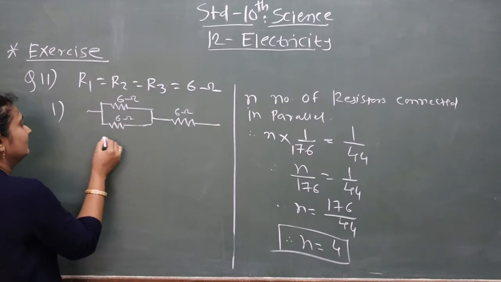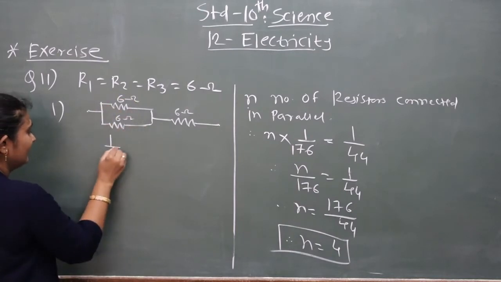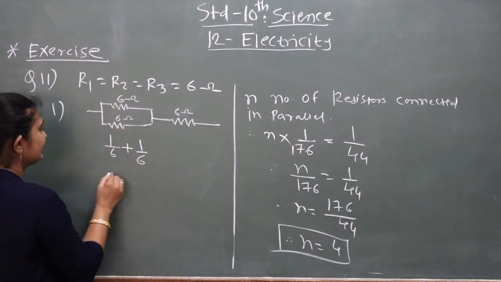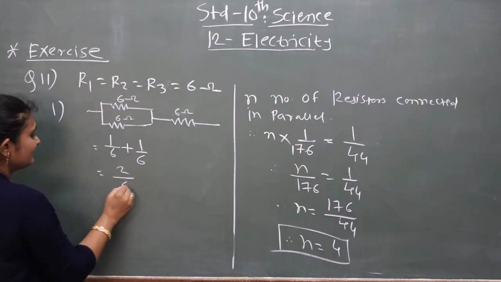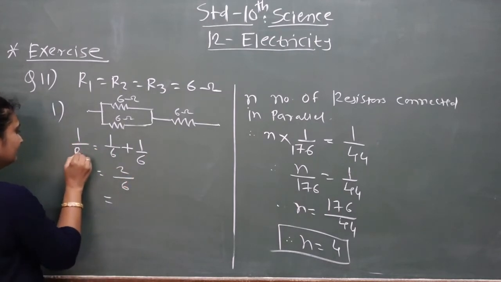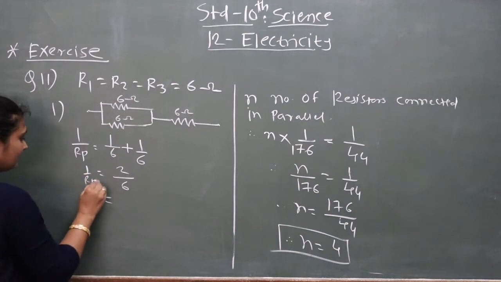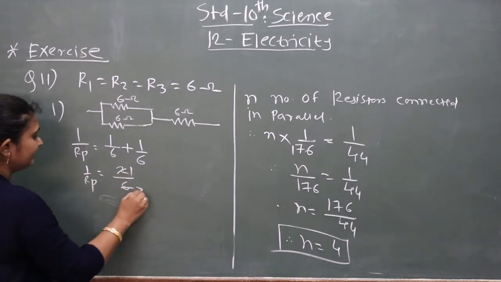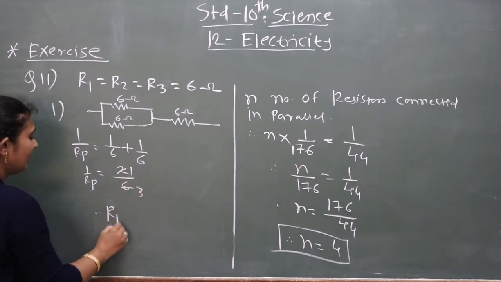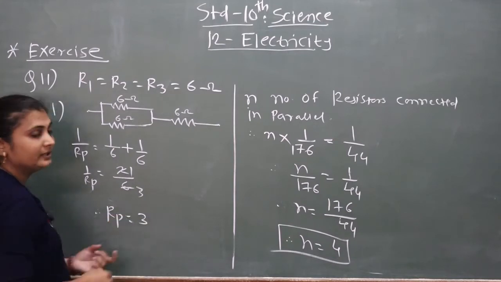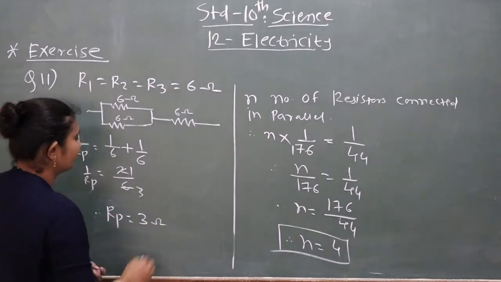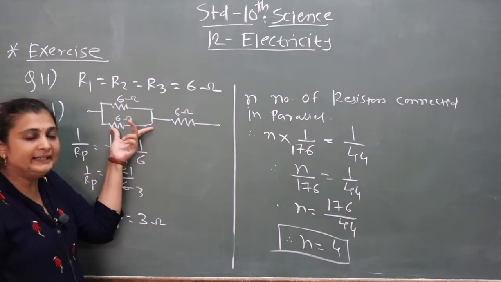For this one, 1 upon 6 plus 1 upon 6, 2 upon 6, 1 by 3. Therefore Rp is equal to 3 ohm.